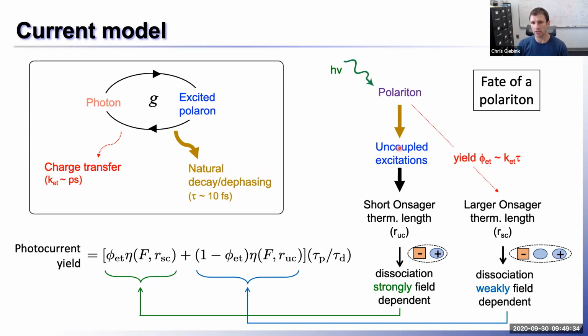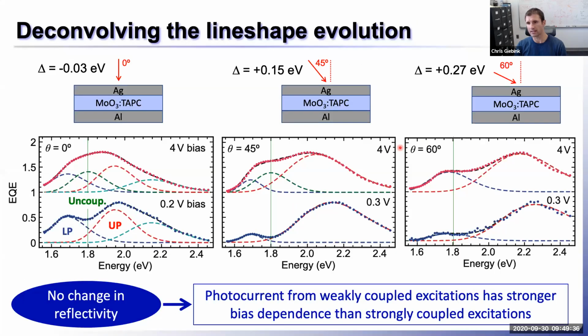When we go to very photon-like excitations, so out at 60 degrees, positive detuning for the upper branch, the lower branch looks the most matter-like in terms of its field dependence. For the upper branch, all we're seeing is those polaritons that do decay by charge transfer.